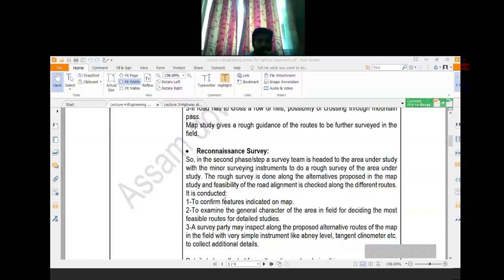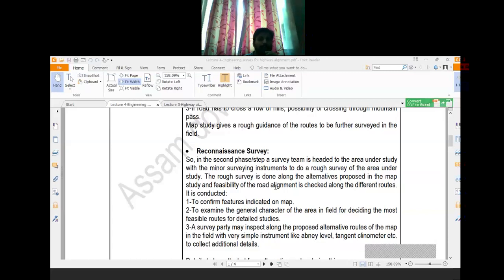The main features of the reconnaissance survey are to confirm the features indicated on the map, and to examine the general character of the area in the field for deciding the most feasible routes for detailed studies.